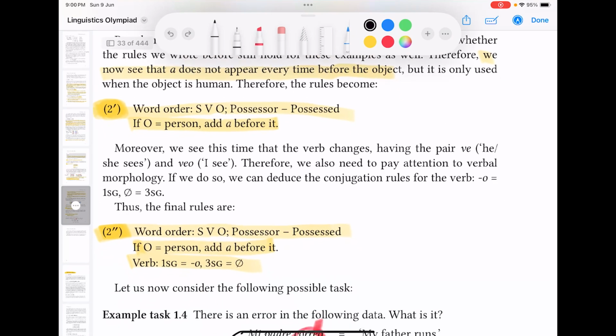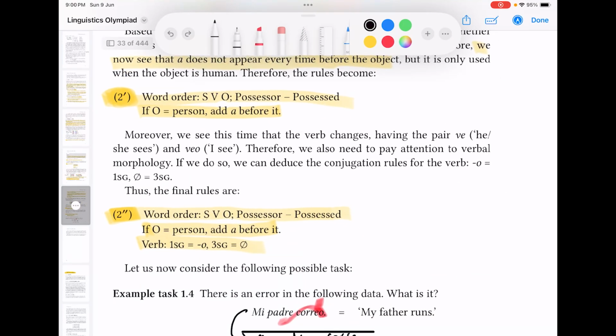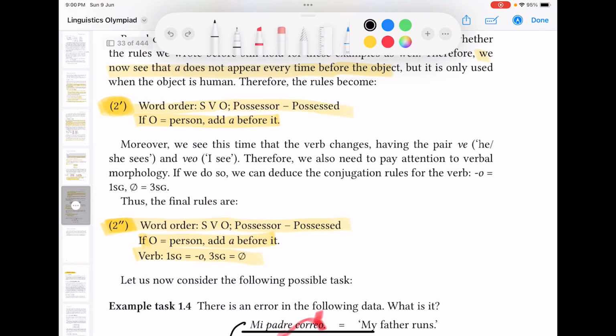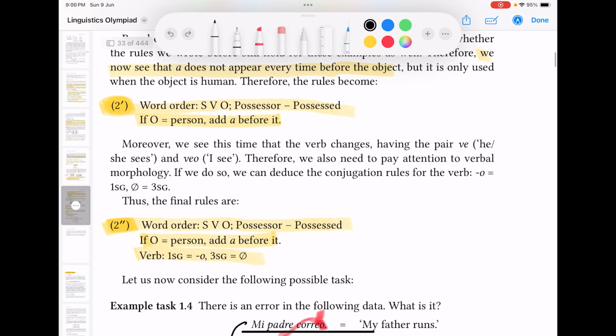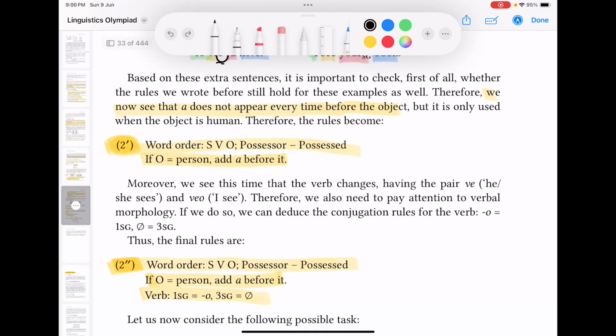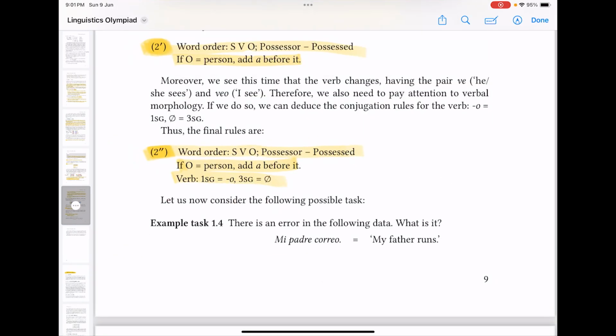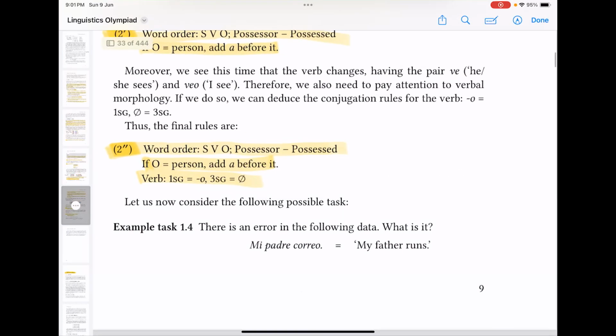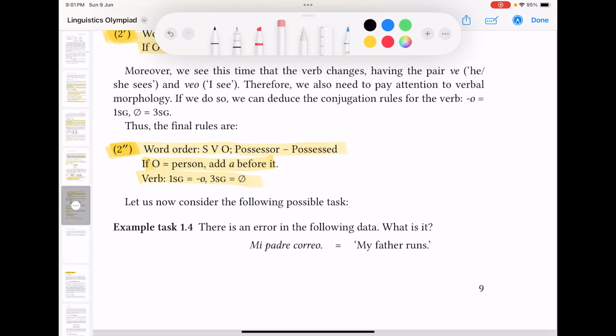So now here's homework for you guys. Your homework is example task 1.4. Basically you have to find an error in the sentence according to the rules you have. It's a very easy one.